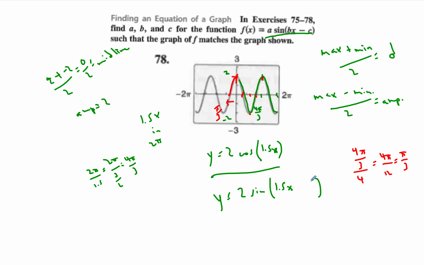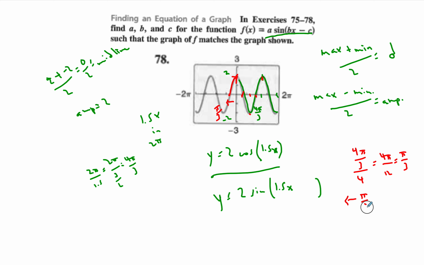So I take my sine and I shift it pi over 3 units that way, which means it's going to be plus pi over 3. But remember, if I do it that way, it's going to be plus pi over 3 that way, right? And they want it bx minus c. It's okay if it's plus.